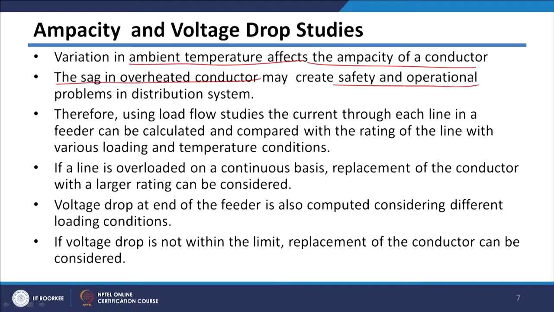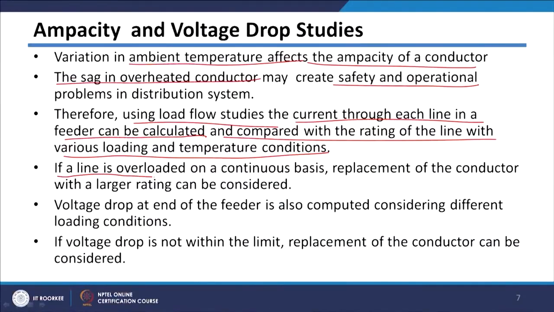Therefore, using load flow studies, the current through each line in a feeder can be calculated and compared with the rating of the line under various loading and temperature conditions.